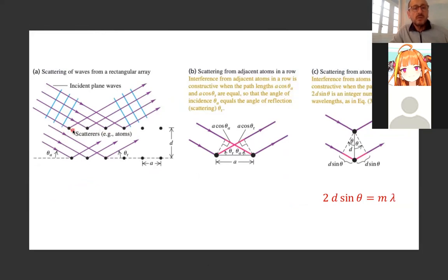We are going to assume that the distance between every instance in the material is a distance A, shown here, and the separation between this layer and this layer is a distance D, and that it's some sort of rectangular structure that goes all over the place, okay? If I go in a plane inside, I'm going to separate it by a distance A, and you will have the same atoms again.